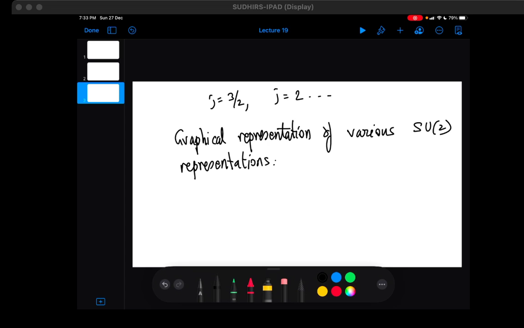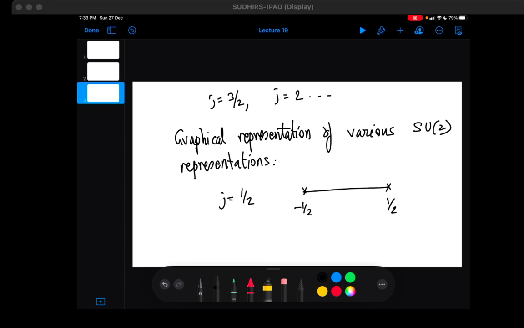This is minus half, this is plus half. So the j equal to half representation, the fundamental representation of SU2, can be represented by just a single line where the m values, or essentially the jz values, minus half and plus half, are the endpoints of this particular representation.